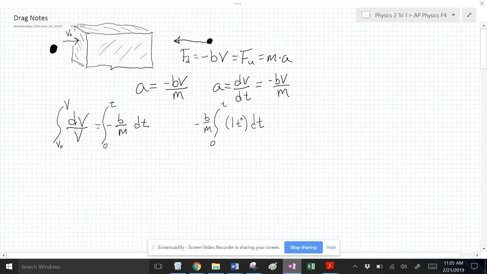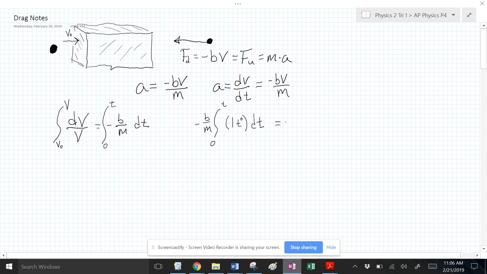So where we're going to land with that is, when we do the antiderivative, we're going to increase the exponent, so 0 plus 1, and then divide by that 0 plus 1. So this would be 1 times t to the first over 1, so this becomes t inside.